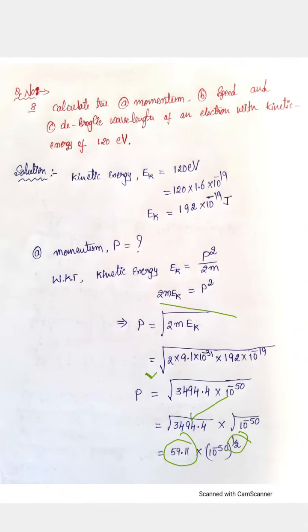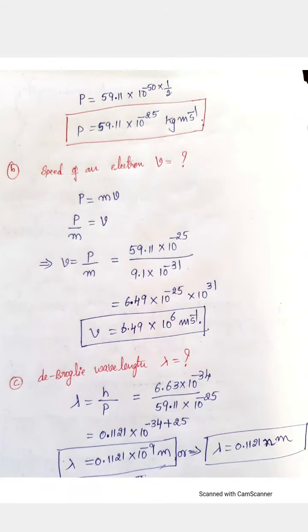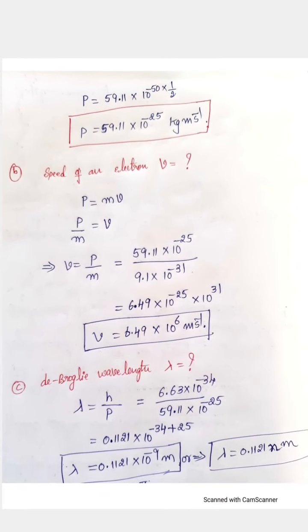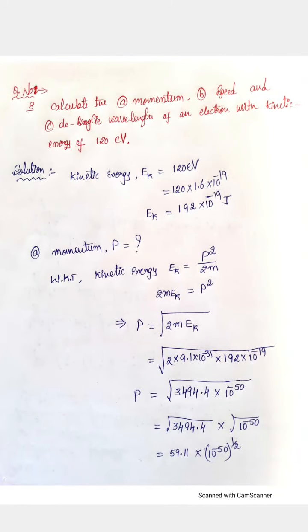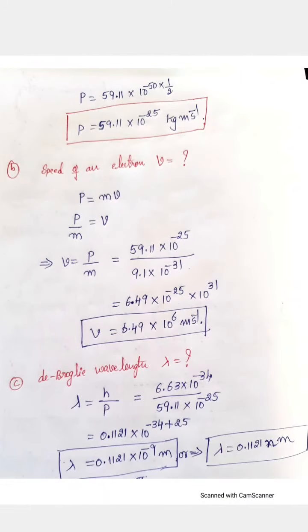Already we know the formula and we have used it in the last numericals we solved. Here you can observe that x power m whole to the power n is equal to what? X to the power m into n. Here 59.11 as it is, into, using that formula, 10 to the power minus 50 whole to the power 1 by 2 is equal to 10 to the power minus 50 into 1 by 2.